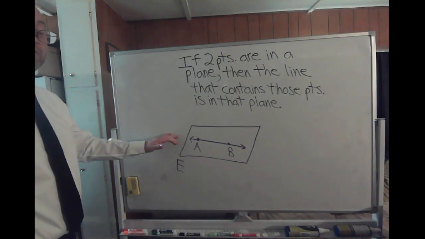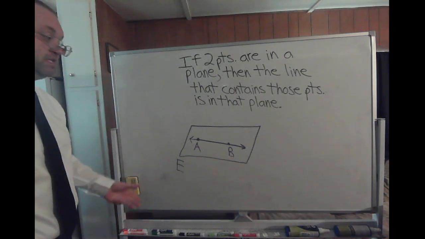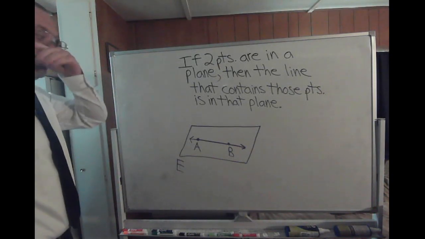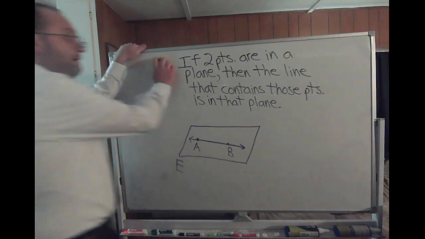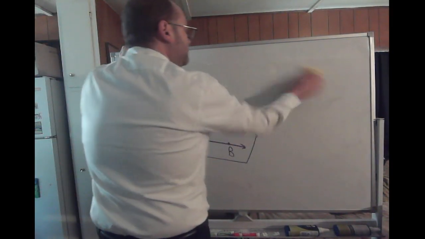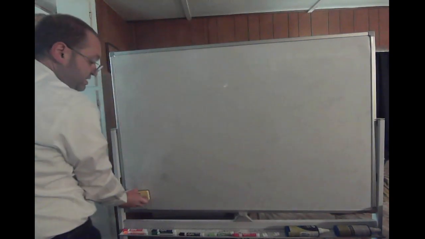A line's in a plane already. It's always going to be in a plane, and it's always going to be in a space. So based on what we've learned so far, we know a line will always be in at least one plane. So will a point, and a plane will always be part of a space. So they're kind of all part of each other.